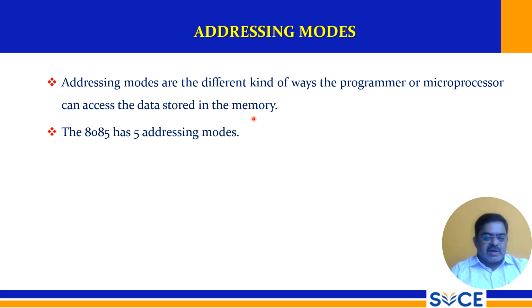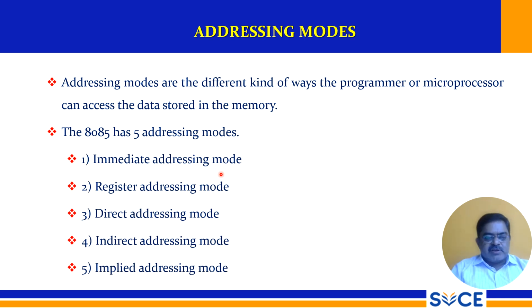That is the addressing mode. If we know that address, then only we can find him, otherwise we cannot, right? So the person is the stored data, and the data is available in that memory location, that house. Memory location is nothing but the house. 8085 has five addressing modes.